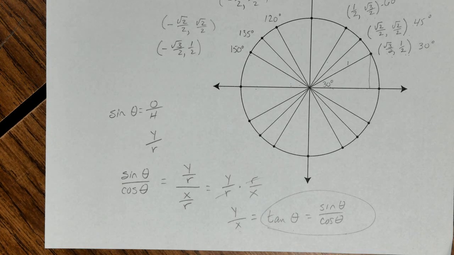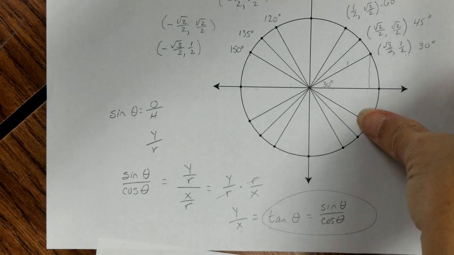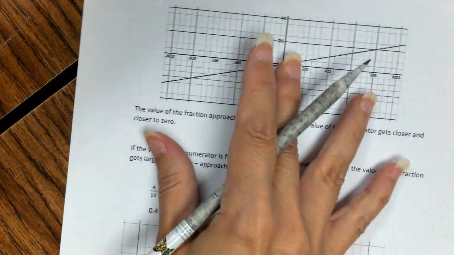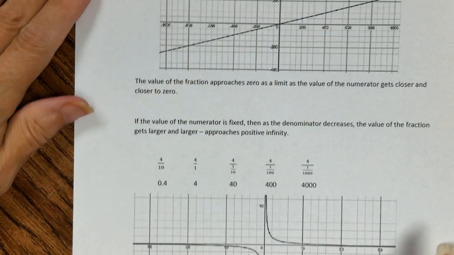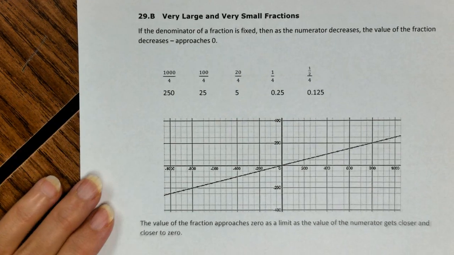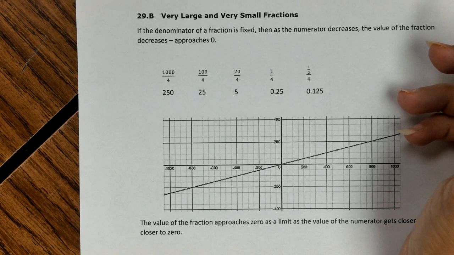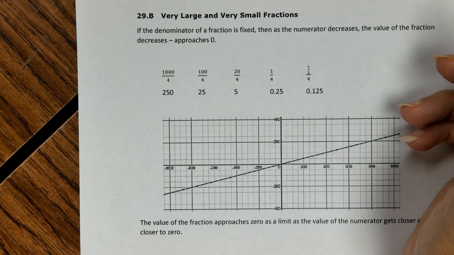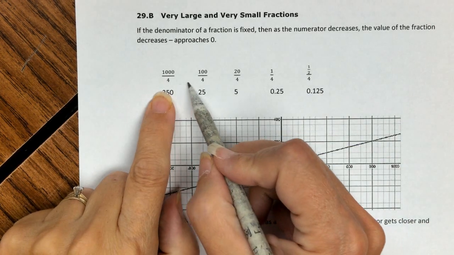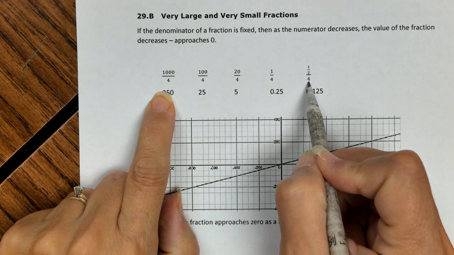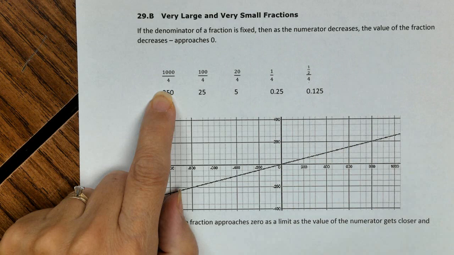Okay, now, part B is about very large and very small fractions, which will help us when we get into part C. So, if the denominator of a fraction is fixed, we don't change the denominator. In this case, it's just staying a 4. Then as the numerator decreases, the value of the fraction decreases.